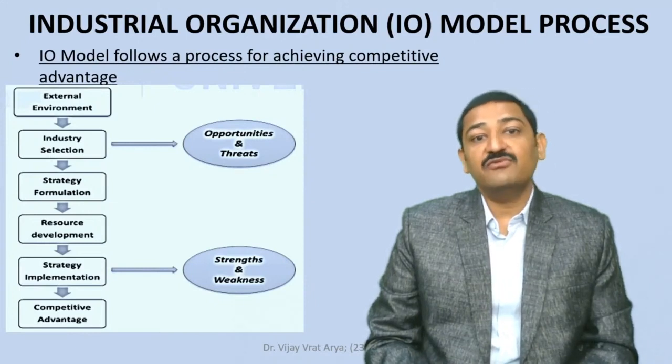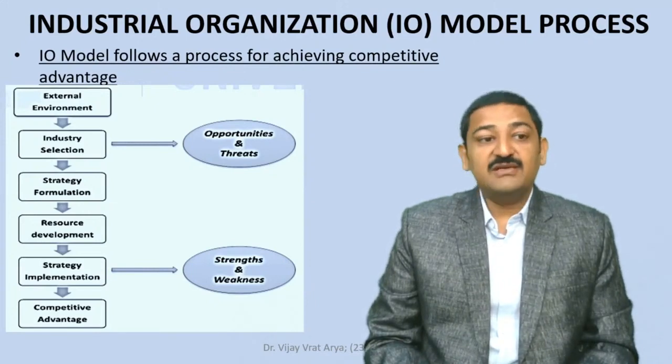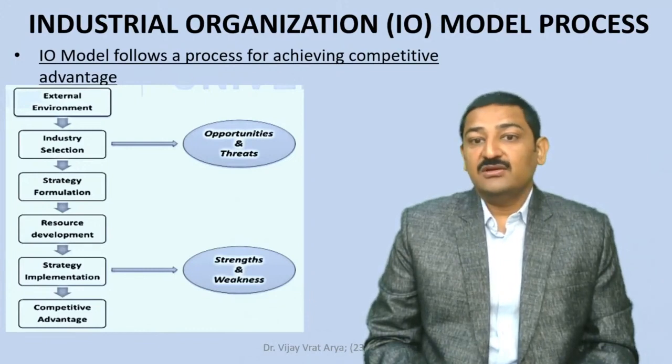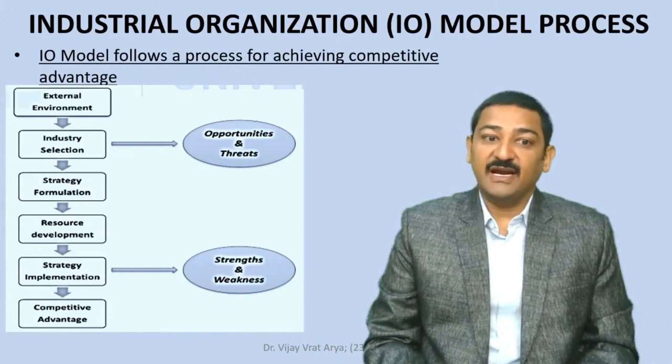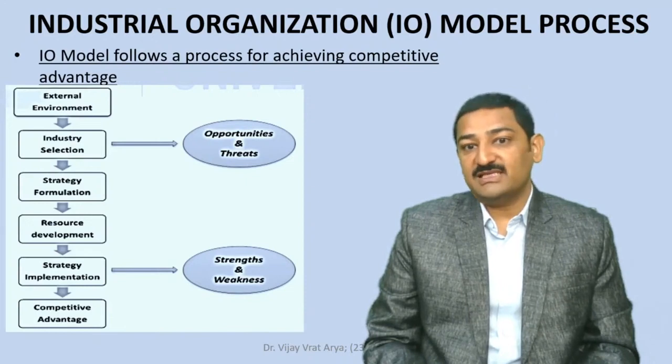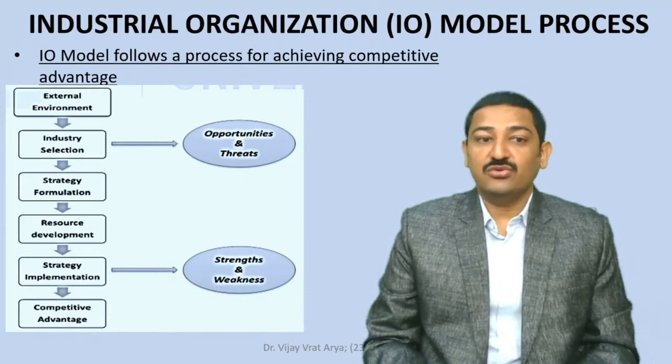Here, it starts with the external environment, based on which the industry selection is made, where based on this industry selection, one can have an idea of the opportunities and threats available in the respective industrial zone.